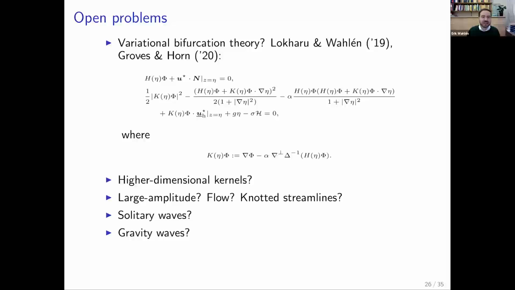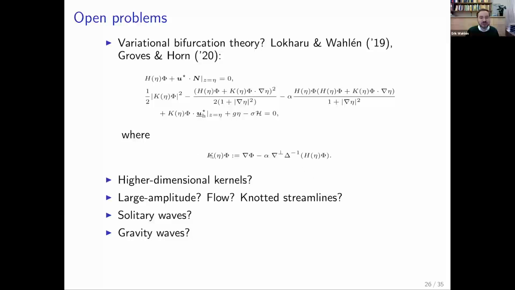So it turns out that there is a very nice generalization of the Craig and Sulem formulation in the steady case. So it looks like this. It's not so easy to see immediately, and I'll refer to the paper for more details.